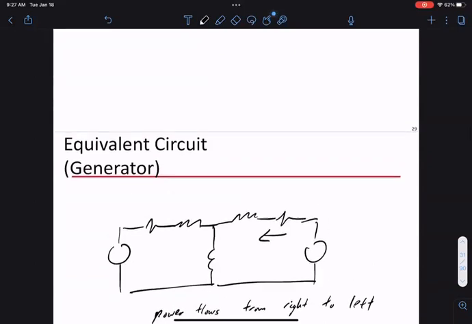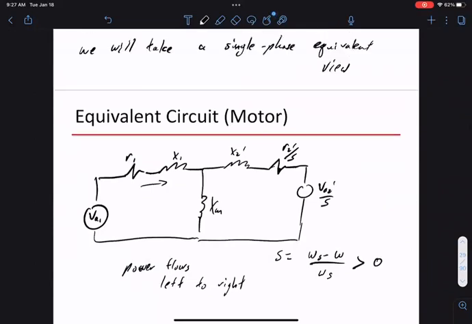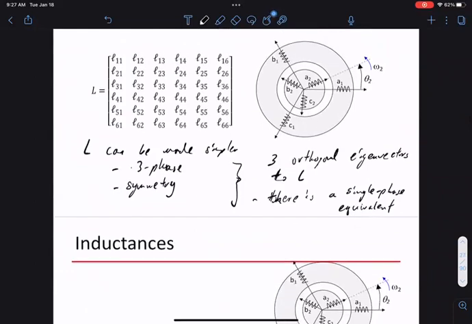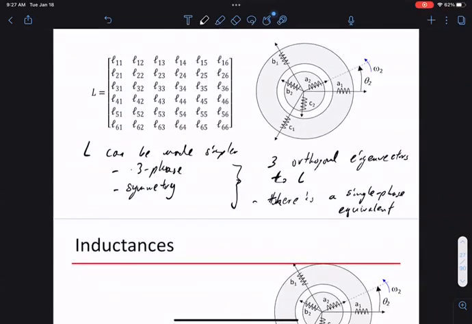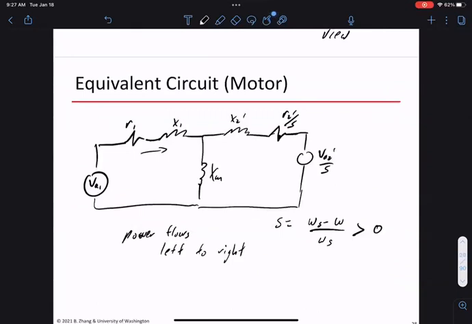Okay, last thing to remember: here we have all this x1, x2 prime, all of these things. How they relate to L1, L2, and so on, you need to compute a relationship. So x1 and x2 prime are not just the inductance of the wires themselves.